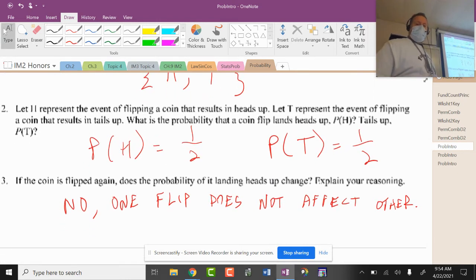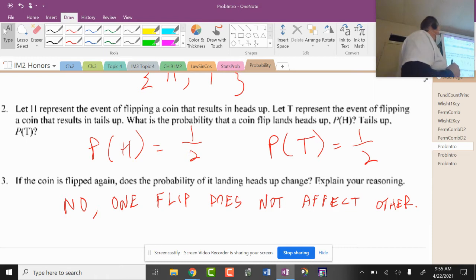Here's how it's written a lot of times. Probability of H means probability of heads. Obviously, there's two possibilities. Heads is one of them. So obviously, we know there's a 50% chance of flipping heads, 50% for tails.